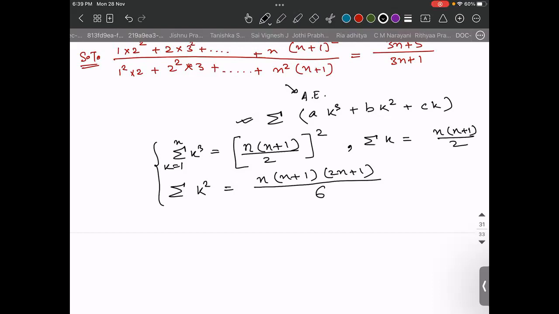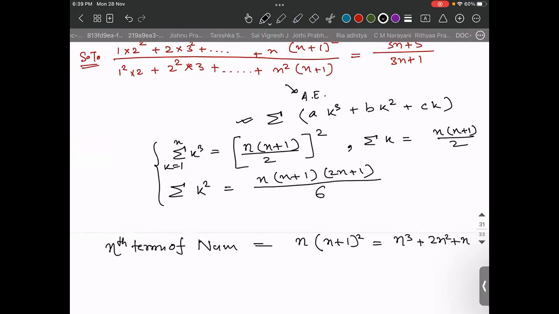What will be the nth term of numerator? Nidhi? Yes, n into n plus 1 whole square, right? So that is equal to what? n cube plus 2n square plus n.